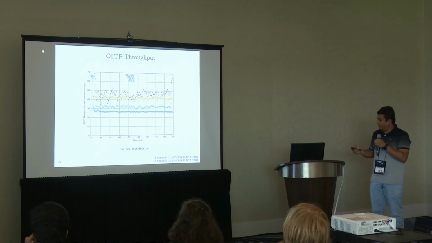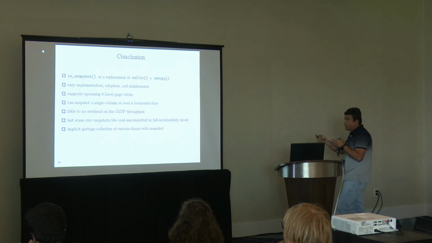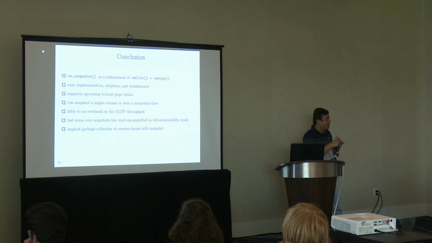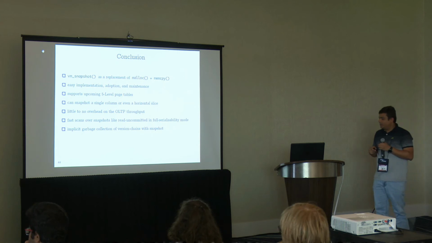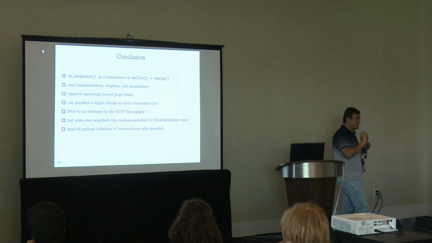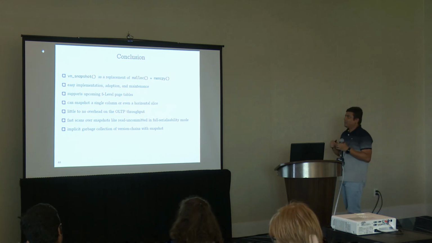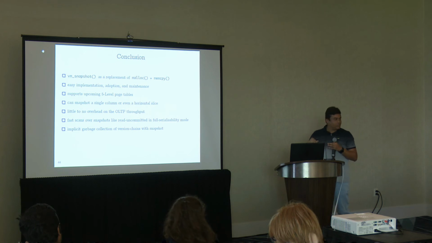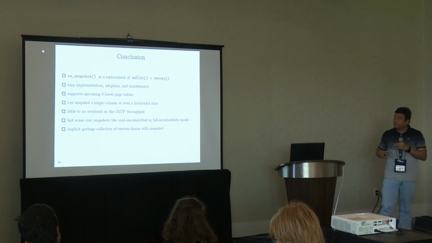So finally, to conclude, we provide VM snapshot, which is like a kernel version of memcopy. And I would say that it was really easy to implement. It's not a big deal, it's in the kernel. It also supports the latest version of the kernel, even the 5-level page table that is available now.